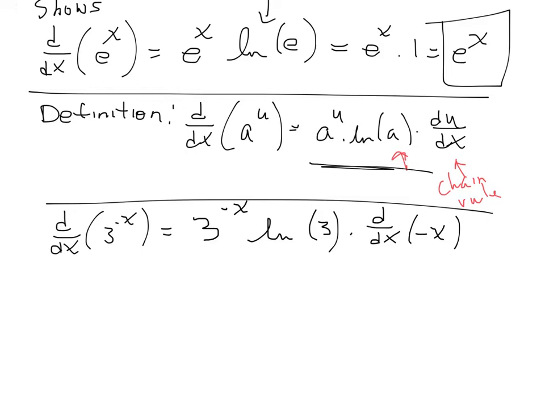For those of you that like not writing the whole u thing down, you're working from the outside and then continuing to work to the inside. So of course this would just be minus 3 to the minus x ln of 3, because that's negative 1.